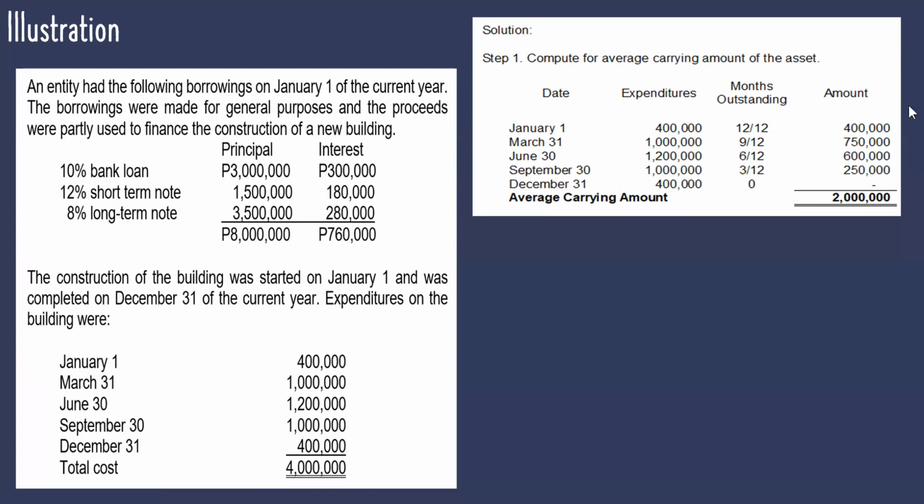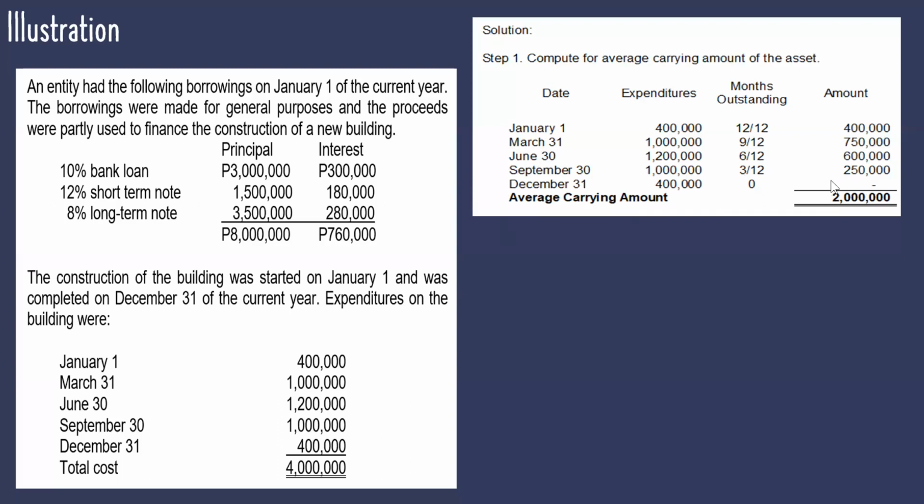It gives you 600,000. For September 30, you only have 3 months, so 1 million times 3 over 12 is 250,000. For December 31, since it was incurred on the last day of completing the asset, there are no months outstanding. So the average carrying amount of the asset is 2 million.